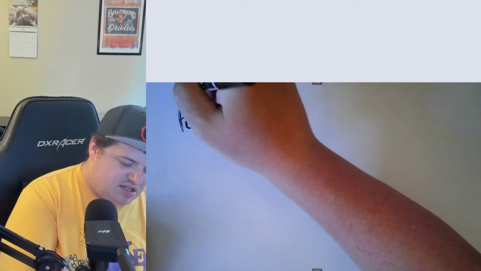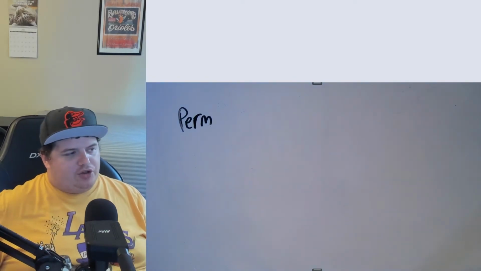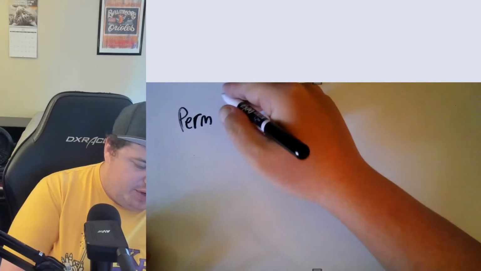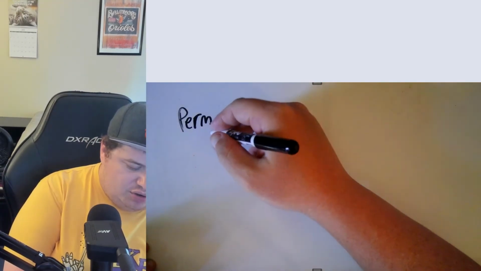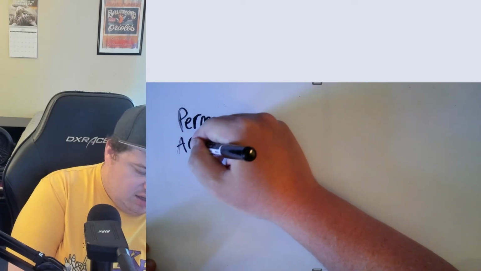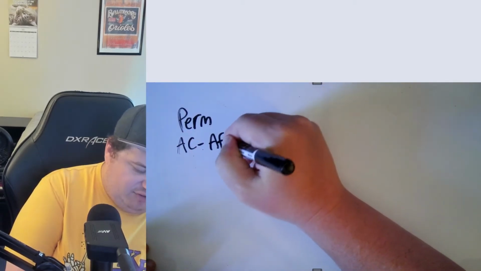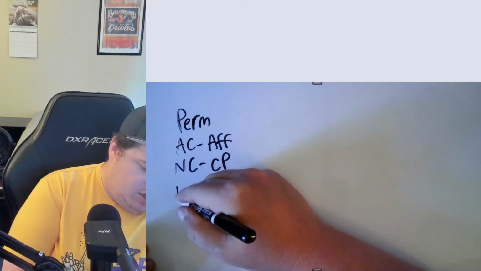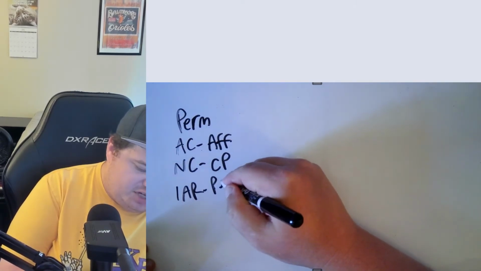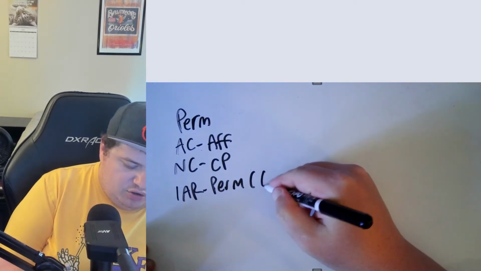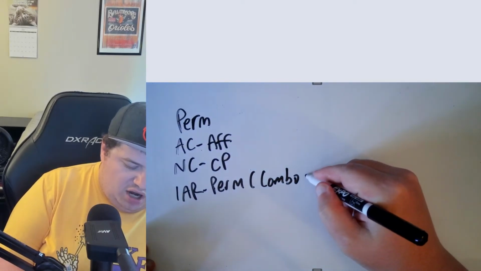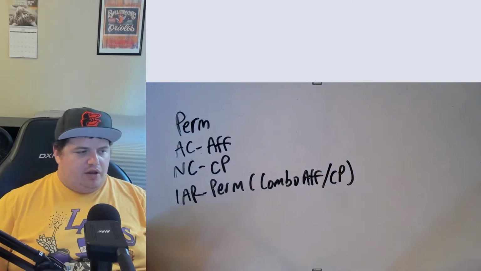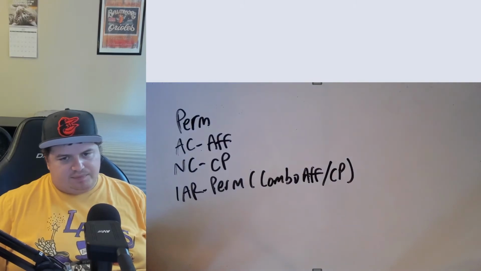It's going to test if there is an opportunity cost to doing the affirmative with the counterplan. So you can think, in the AC, the AF says do the AF, the NC says do the counterplan. In the 1AR, a permutation is going to say do some combo of the AF and the counterplan together.